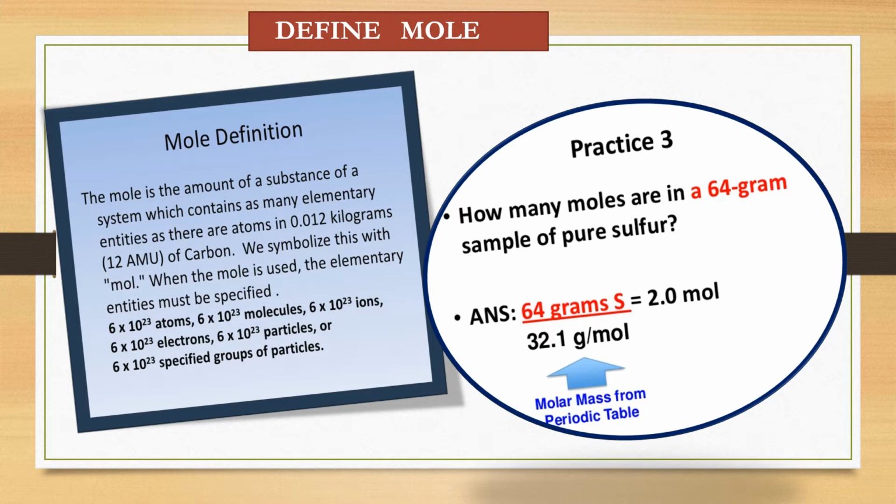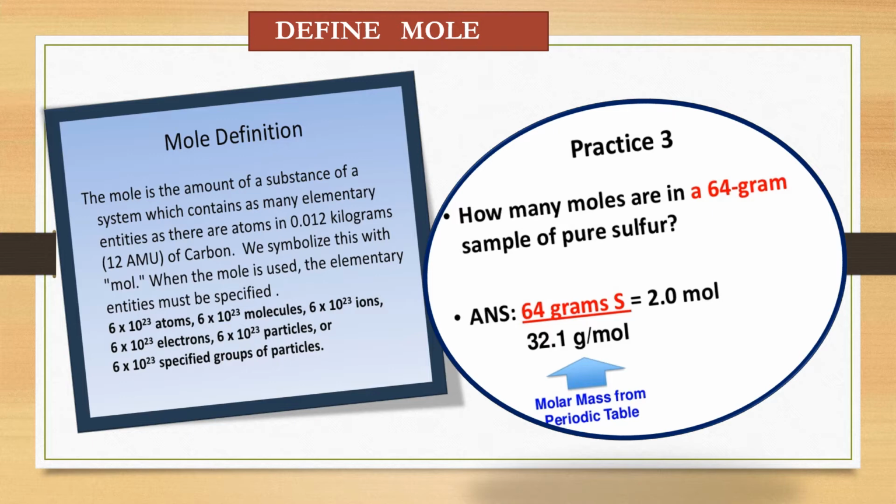Now there is a small example that I have given. How many moles are in a 64 gram sample of pure sulfur? So the answer is 2 mole. Because you know one sulfur atom is equal to 32. So 64 by 32 is coming.